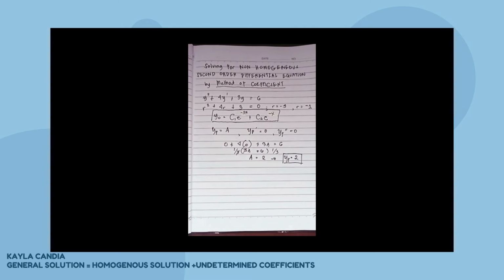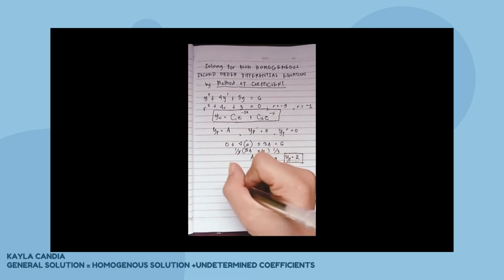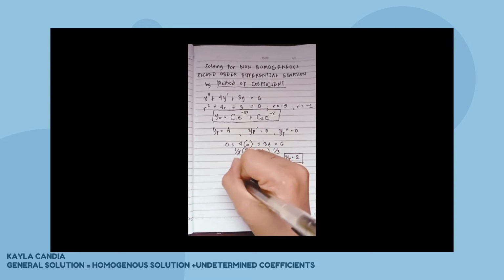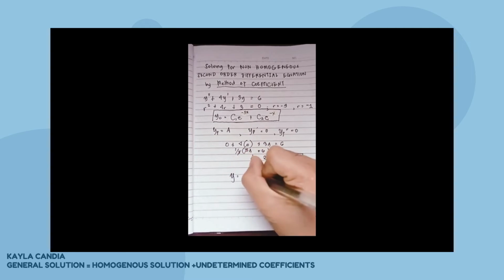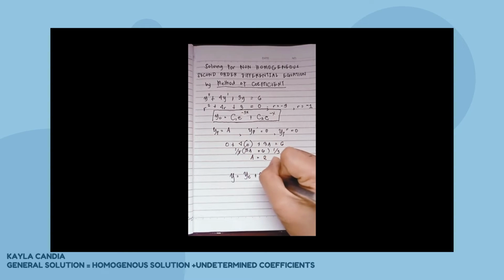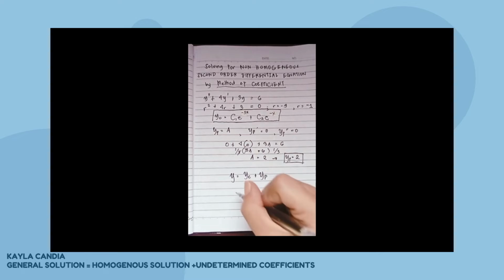Since we already got the complementary solution and the particular solution for this non-homogeneous second-order differential equation with the use of the method of coefficients, now we can plug them into the general solution. So y equals y sub c plus y sub p.